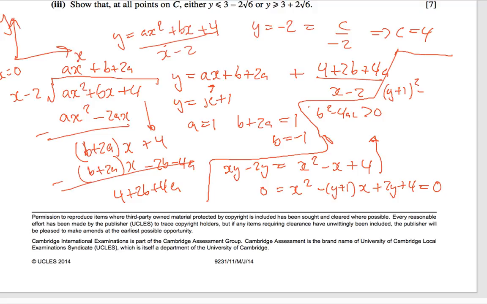So 4a we don't have, and c is 2y plus 4. Okay, we work through that, and we get y squared minus 6y minus 15 greater than 0. So that's clear, it's not a 9, it's a y.